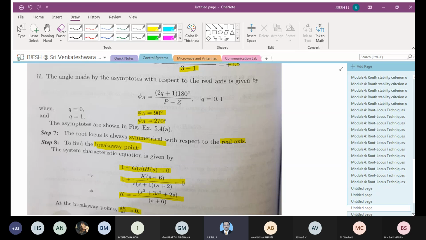You can make a note of these things. So you have to take dk by ds is equal to 0 and then simplify that further.